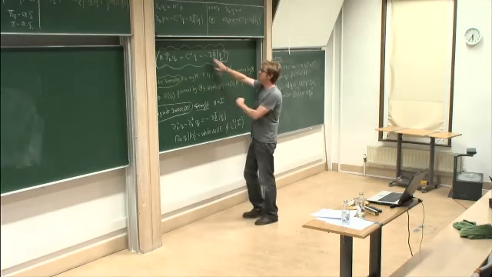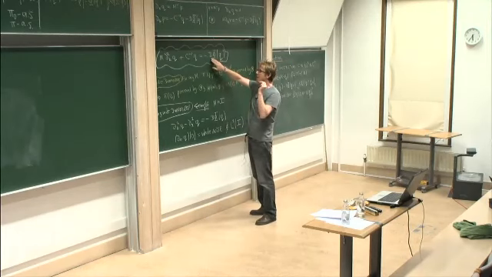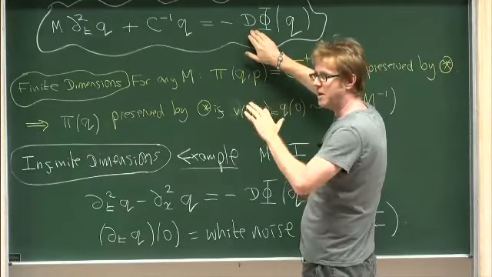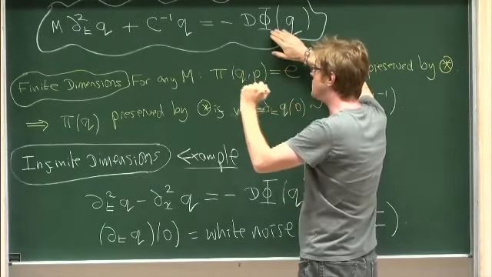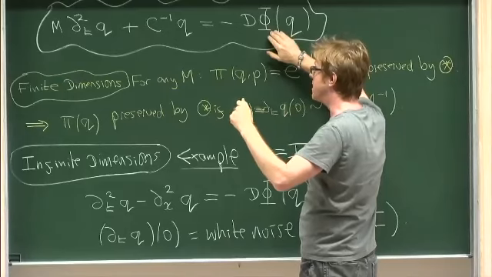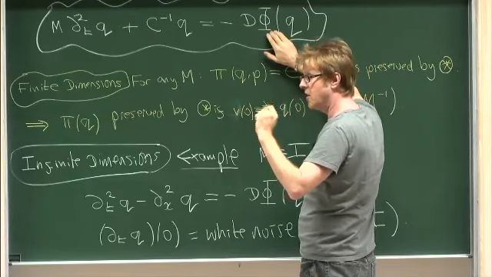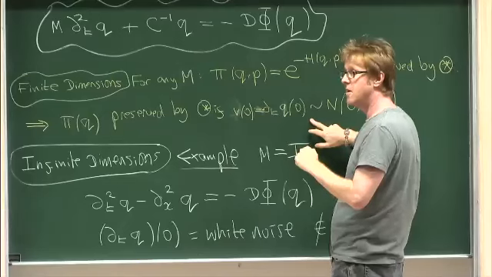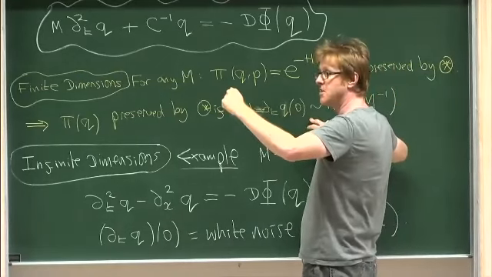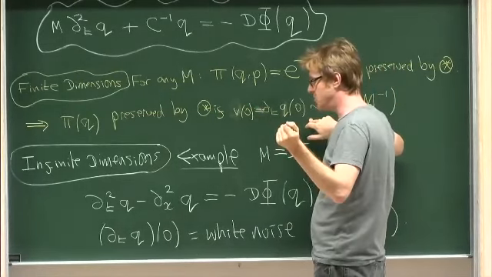What I mean is, this is an equation on Q and V, or Q and P, whichever you like. So let's talk about it as an equation on Q and V. If you imagine the following Markov chain on Q: randomize the velocity or momentum, flow the equation, and project back onto Q.